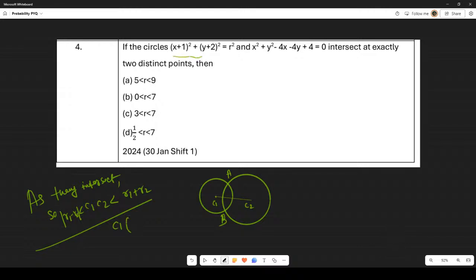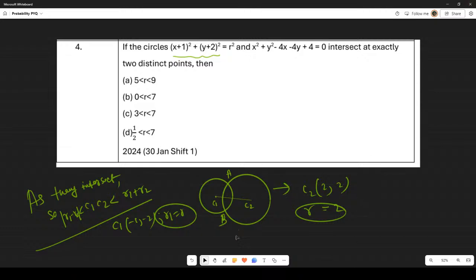C1 is, you can recognize this equation, minus 1, minus 2. What is the radius here? R. For this one, center is what? 2, 2. Radius is what? 2. Yes. This is g square plus f square minus c only. So R1 we got R and R2 equal to 2.